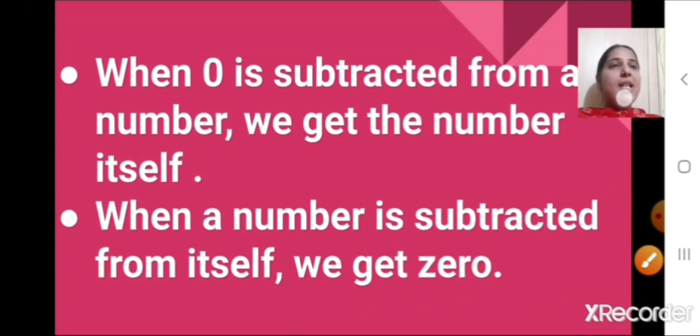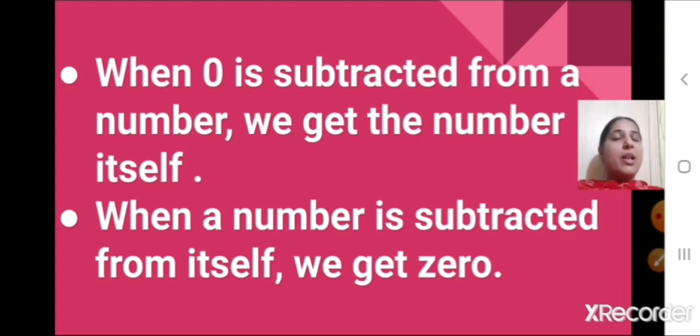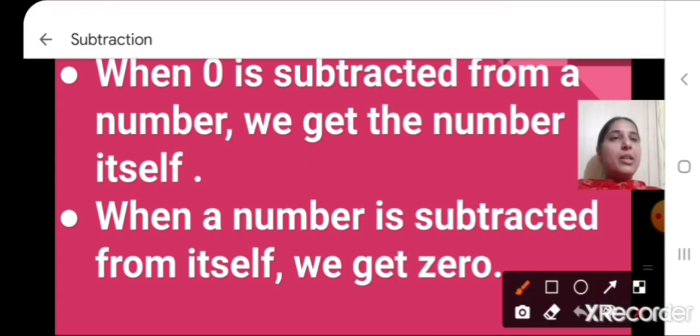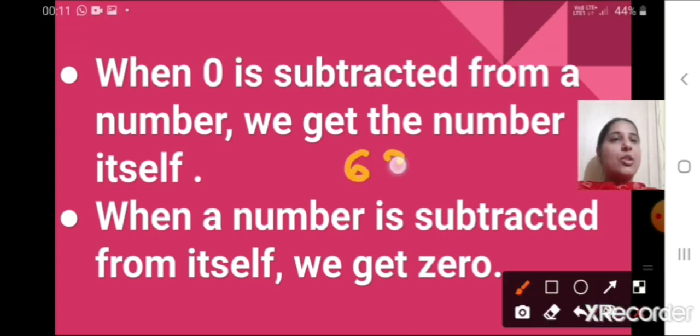Now, when 0 is subtracted from a number, we get the number itself. Okay. Suppose the number 68. So 68 minus 0. What will we get, children? We will get that number itself, isn't it? So that is what is said in this statement.